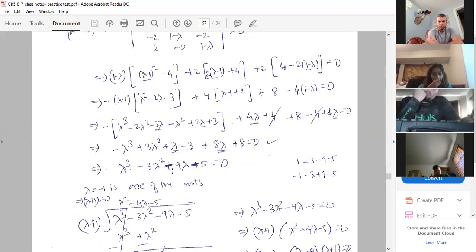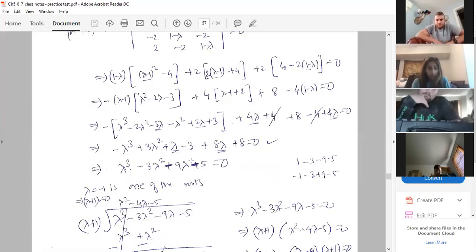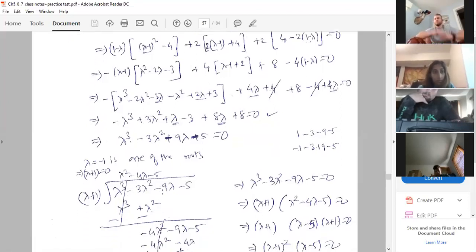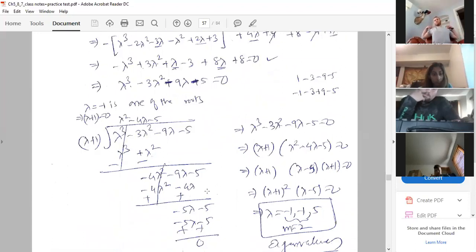Lambda equal to -1 is one of the roots, because lambda equal to -1 satisfies this equation. -1 cubed is -1, -3, -1, -3, -4, -5 is -9, and positive 9 is 0. So lambda equal to -1 means lambda plus 1 equal to 0 is one of the roots. So divide this one by lambda plus 1 and you are getting some quadratic form.